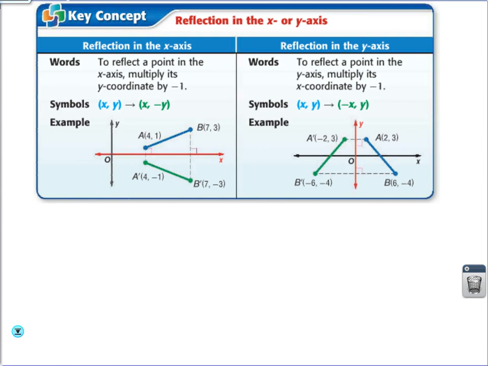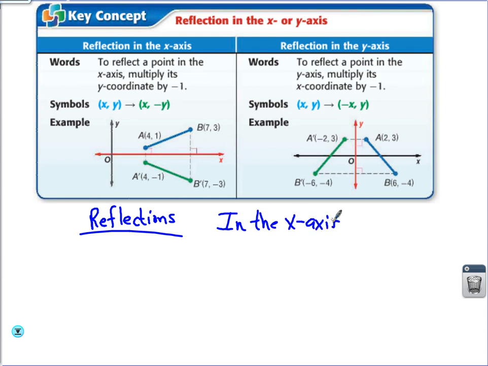Here's your rules for reflections. This is what I want you to write on your note cards. For a reflection, if you want to reflect across, or they call it in the x-axis, reflection in the x-axis, here's your rule. (x, y) changes into (x, -y).